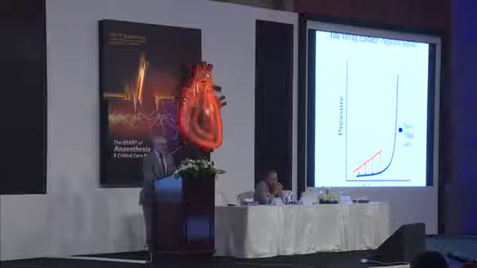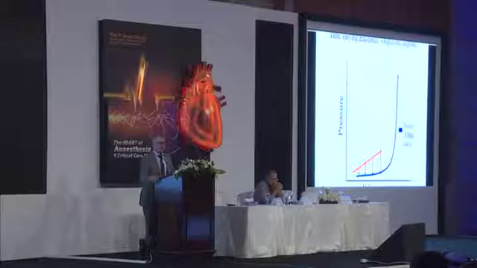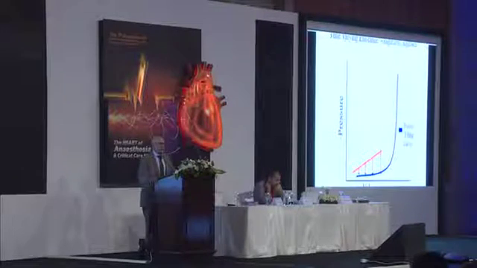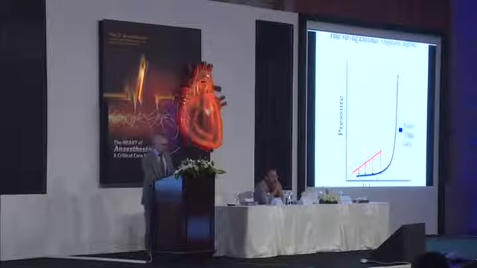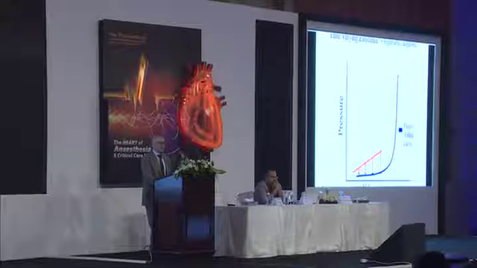Now, what Sagawa did is he took rabbit hearts and he put a balloon in the heart and really high-fidelity pressure monitors so that he could measure the pressures instantaneously at different times. And he filled the hearts up to different volumes, just as Starling and Frank did. But he could measure the pressures at a fixed time after the onset of contraction.